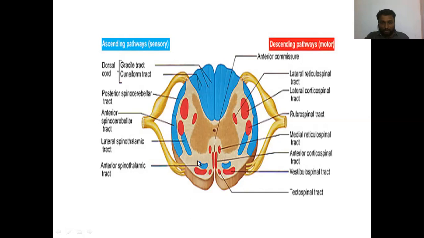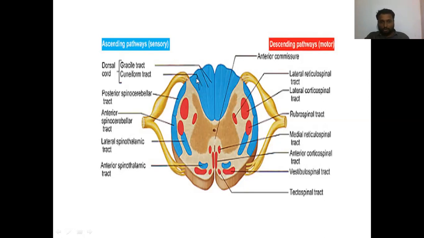These two fibers end in the cerebellum, and these two end in the thalamus. That's why it's known as spinothalamic. One is in the anterior part, so anterior spinothalamic. The other also ends in the thalamus, but it lies in the lateral part, so it is known as lateral spinothalamic.